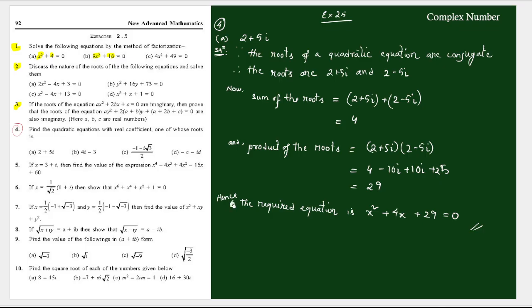So hence the required equation is x square plus 4x plus 29 equal to 0. So in this way you will be able to do number B.